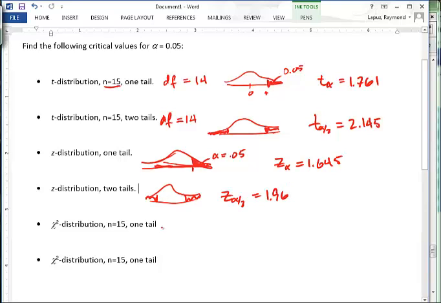The chi-square distribution will be using table A4. And so if you take a look at the chi-square distribution, remember that it starts at 0, it goes up, and it's usually skewed to the right. And so let's assume that this one tail is on the right side, and this is 0.05, and the area to the right here is 0.05.